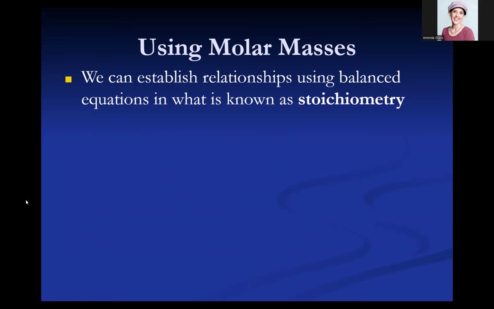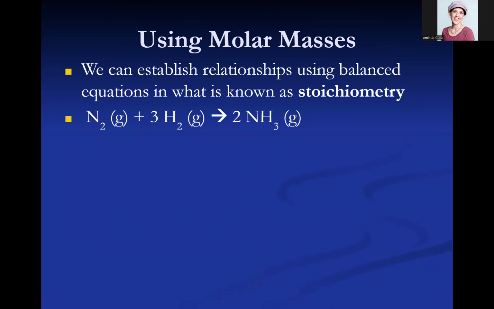We can establish relationships using balanced equations in what is known as stoichiometry. Here we have a balanced equation. Nitrogen plus 3 hydrogen produces 2 ammonia.